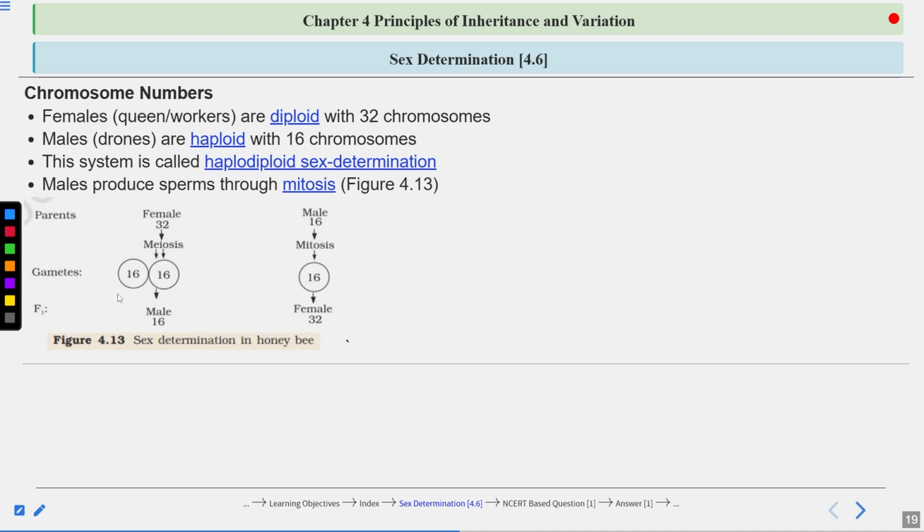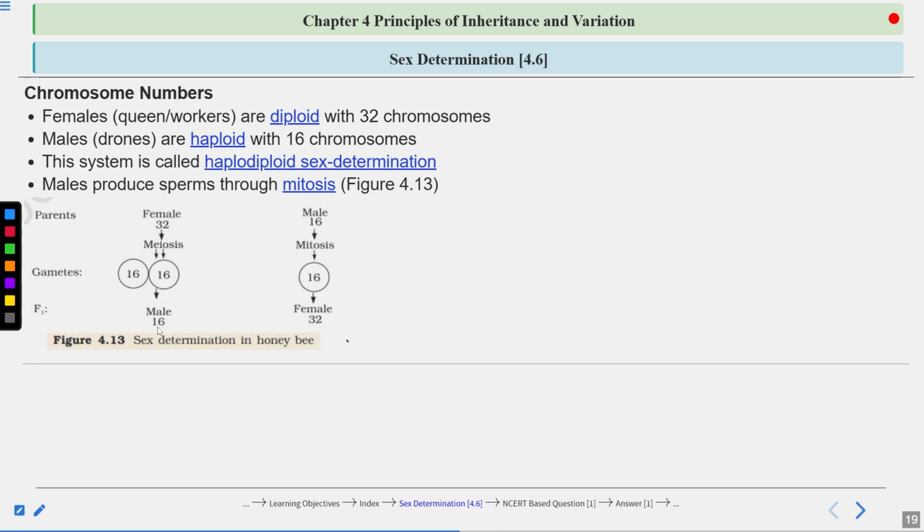Males have 16 chromosomes. Clear? Okay. Females by meiosis produce the eggs. So eggs are produced. They will have half the number of chromosomes because by meiosis, the chromosome number is reduced to half. So the gametes, the female eggs, will be haploid. They will consist of 16 chromosomes.